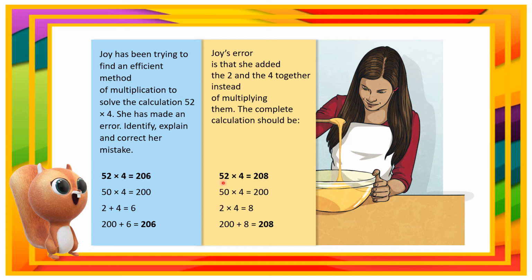Because we have 5 tens in 52, which is 50. 50 multiply 4 is 200, and we have 2 ones. We are multiplying, so we have to keep multiplying, not add. So 2 times 4 is 8. So 200 plus 8 is equal to 208. If you got 208, give yourself a big thumbs up.